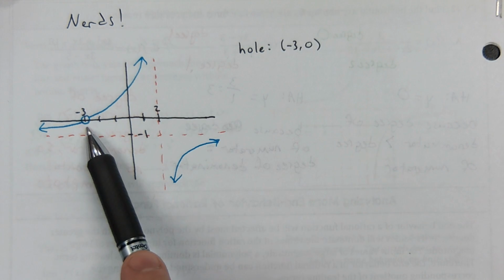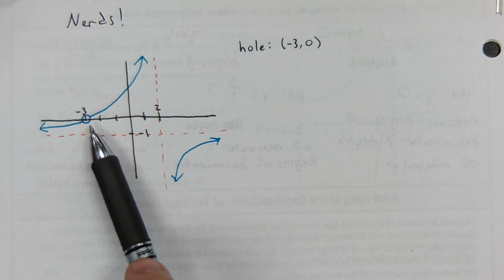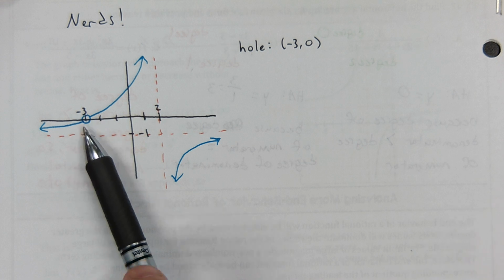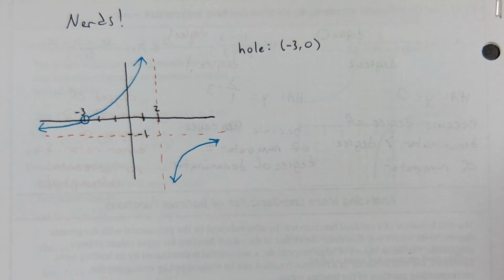But what's happening here? Well, you learned about it in Algebra 2, but you might have forgotten. This kind of thing happens when an x of some sort, like x plus 2 or 3x minus 1, anytime an x gets canceled off the top and the bottom of a fraction, after you do all the factoring, it creates a hole in the graph. This one is a hole at negative 3, 0.